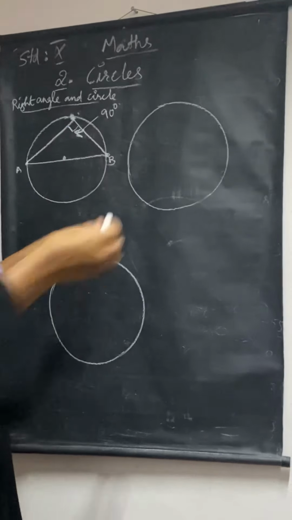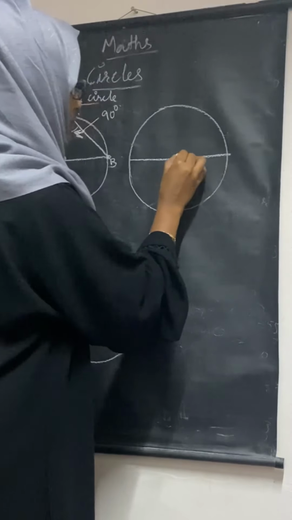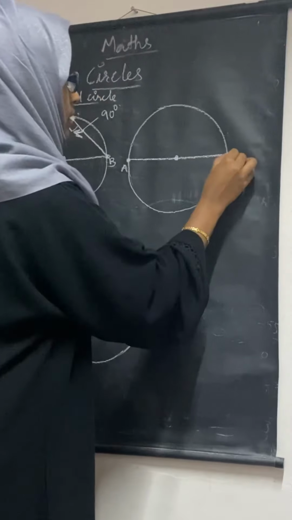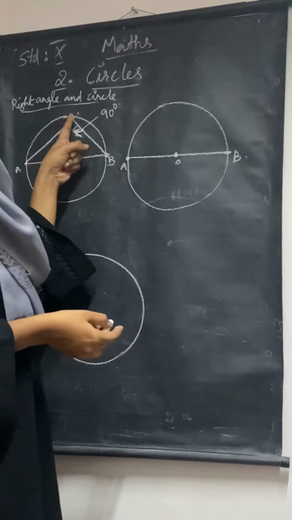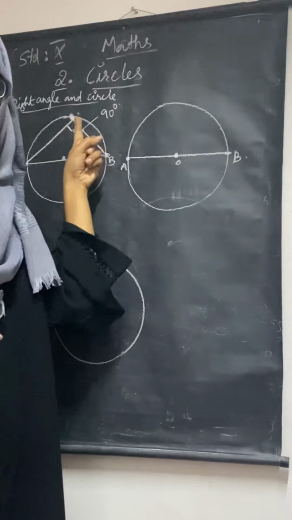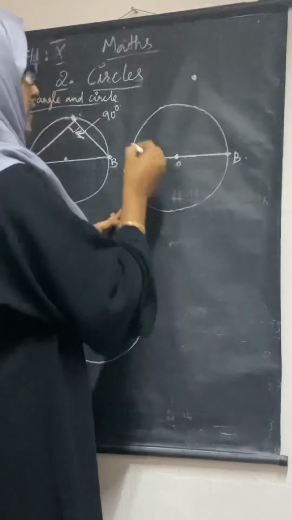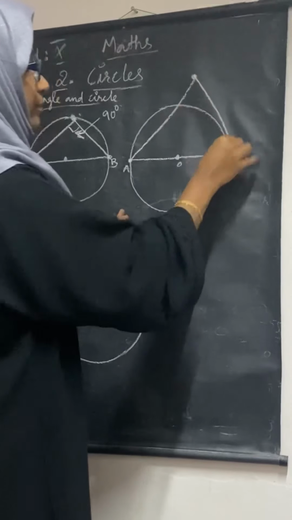Now the same I'm going to show you here. The circle I have, the center I have, one point A here, the second point B here, this is the center. Now what happens if the point comes out of the circle? This is where it is on the circle. Now I am going to join this to here and this to here.